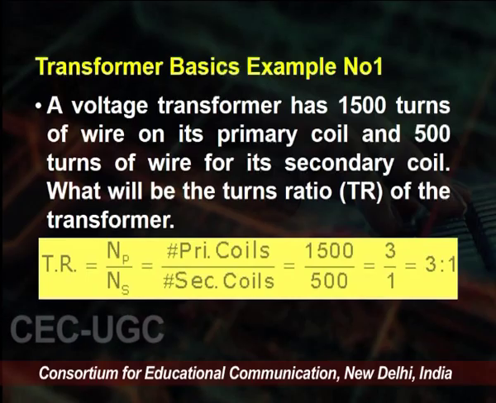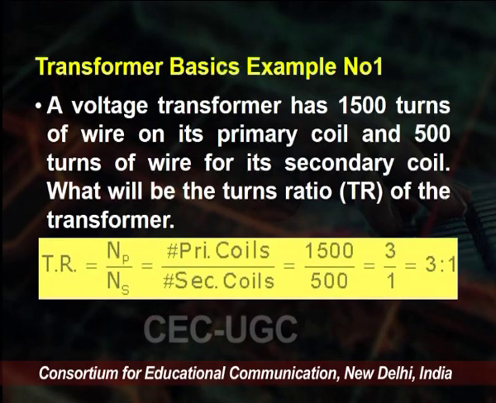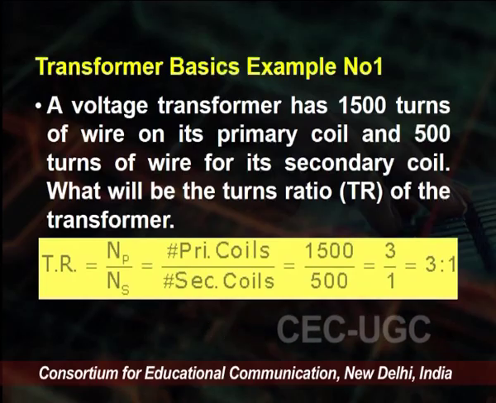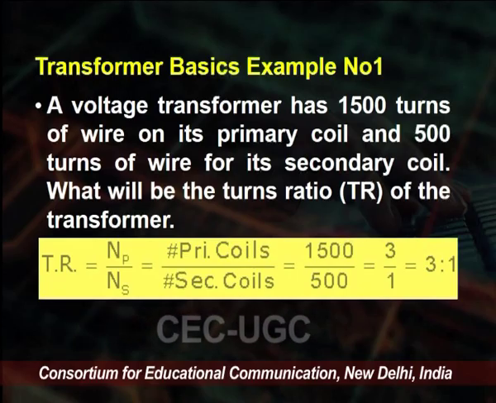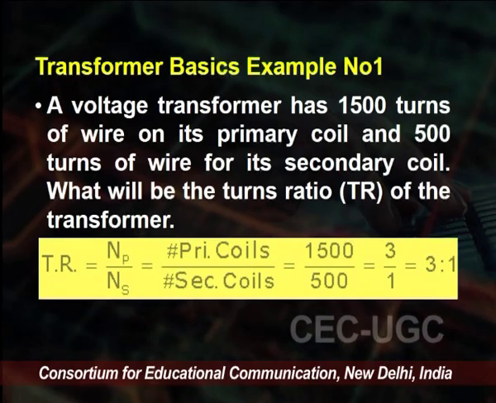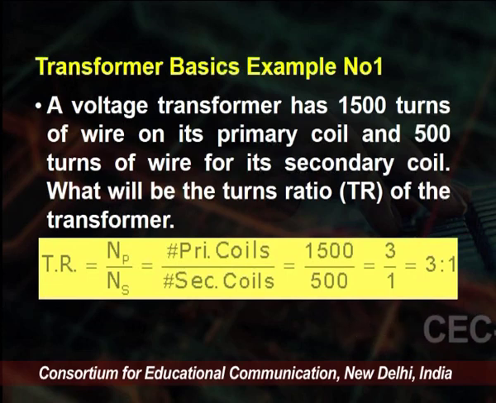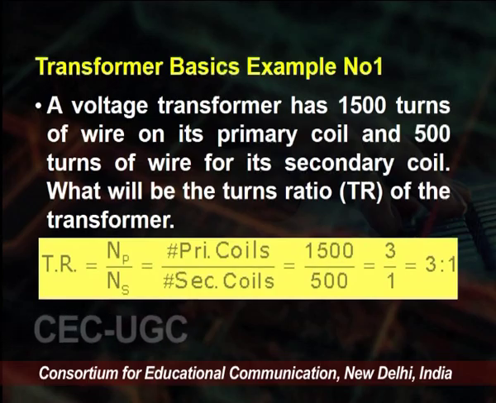Now, we have an example here that will explain the transformer ratio. First, a voltage transformer has 1500 turns of wire in its primary coil and 500 turns of wire in its secondary coil. What will be the turns ratio of the transformer?